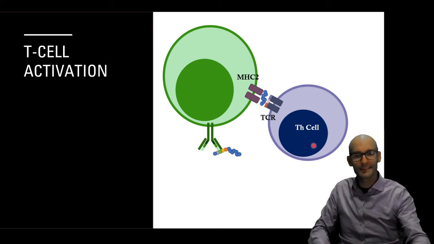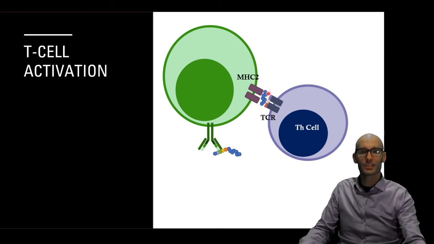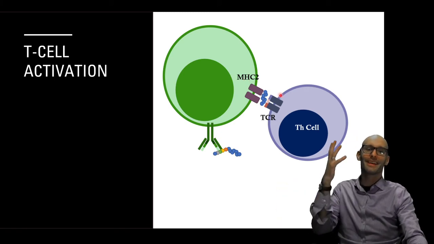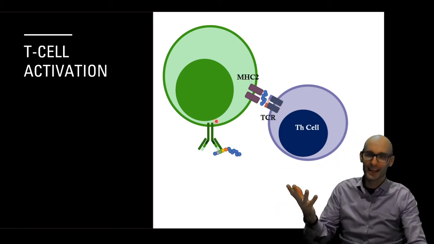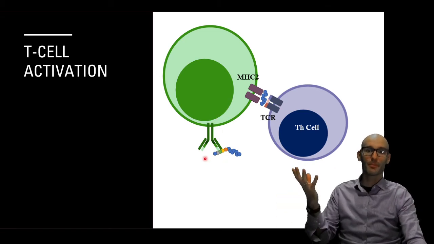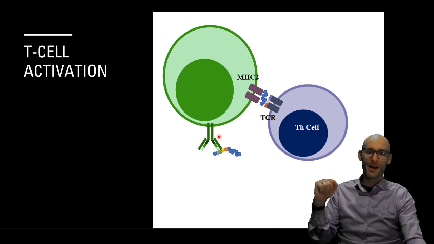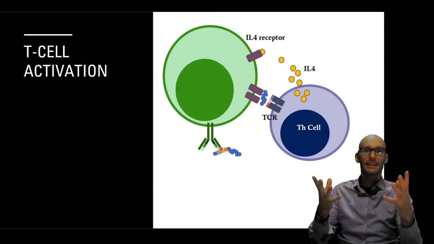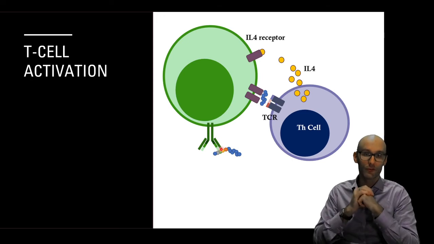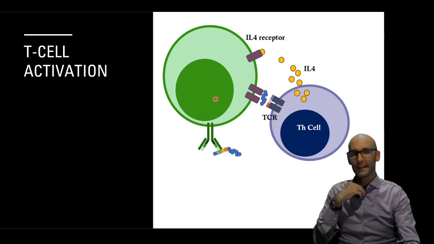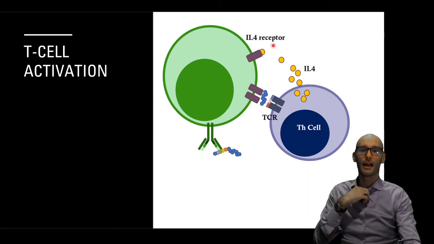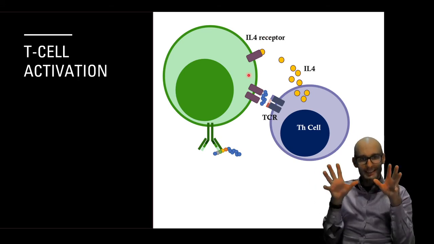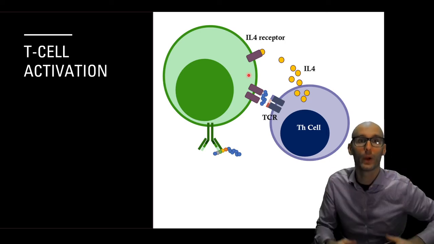And when this T cell receptor is activated in response to the antigen that's being presented on the MHC2 molecule that came from the pathogen that the B cell ate, and it ate that pathogen because it recognized its antigen, a different antigen, the T cell is going to release a cytokine called interleukin 4, IL-4, and that cytokine is going to bind to the IL-4 receptor on that B cell, and it's going to activate it. Now, what you can see here is we've got this kind of checkpoint, right?